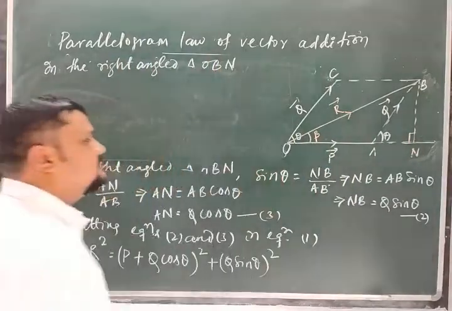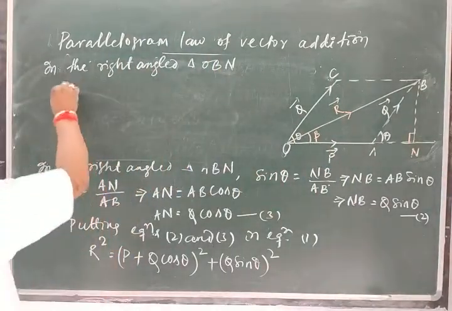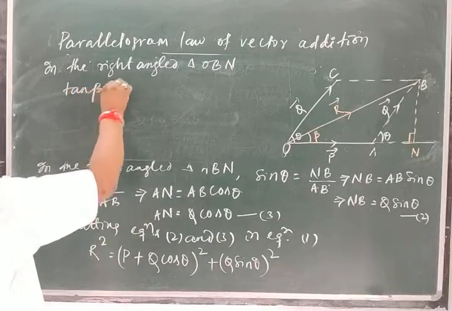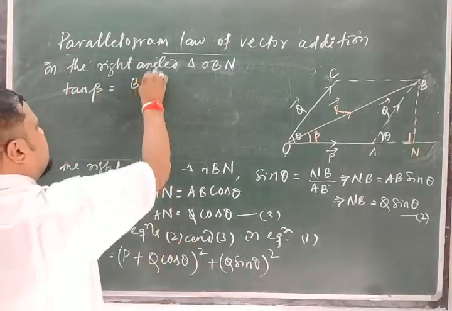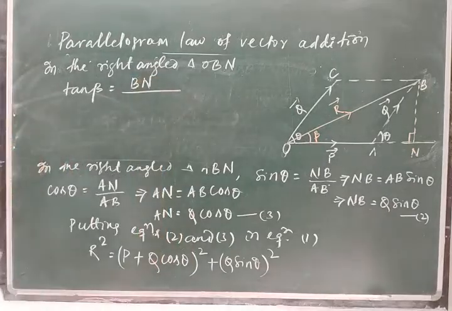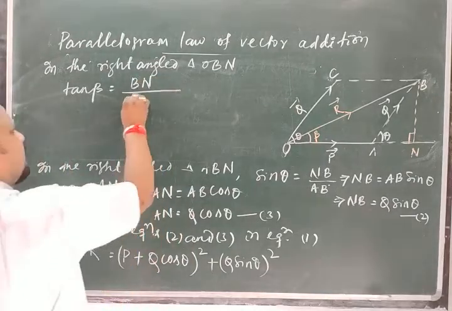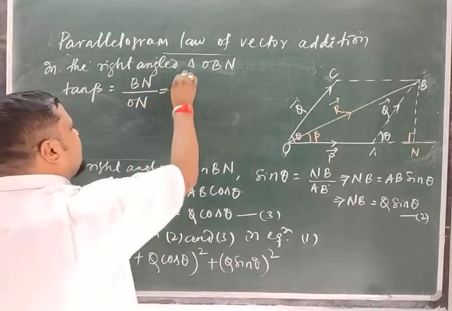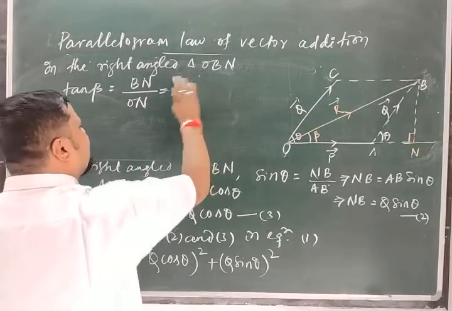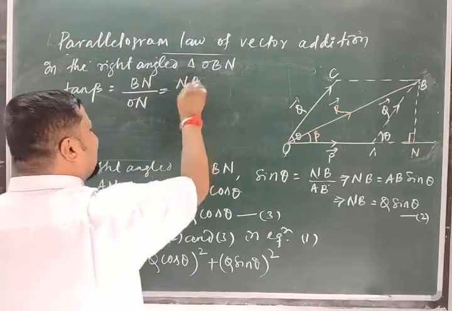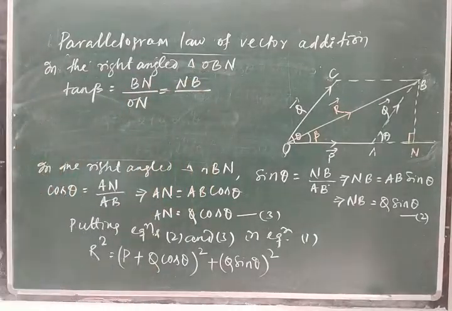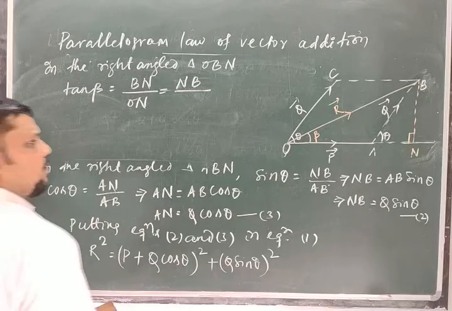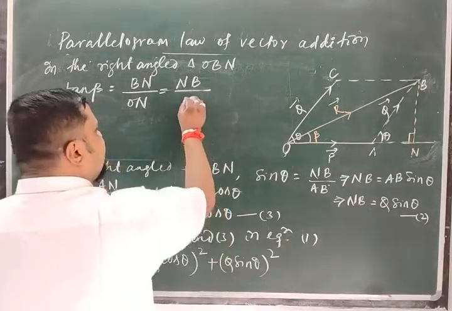In the right angle triangle OBN, tan beta is what? BN by ON. Because magnitude is nothing, BN or NB does not change, so you can put NB divided by ON, which is OA plus AN.